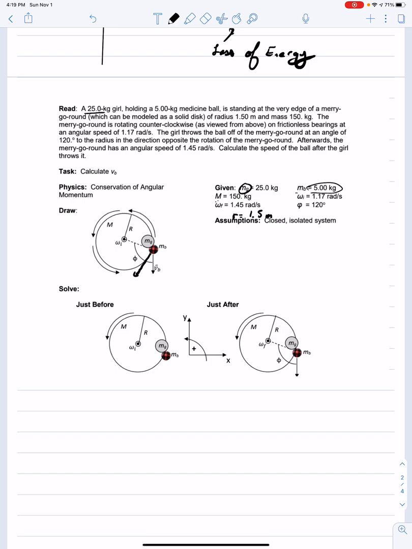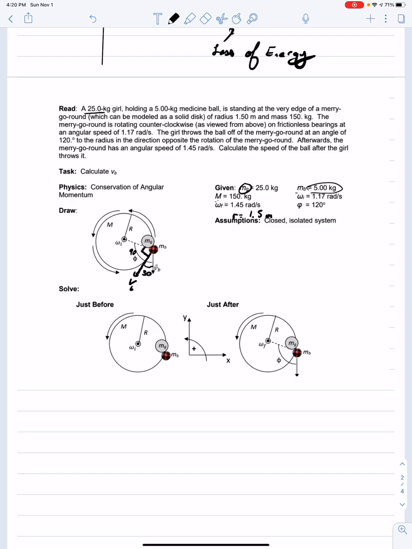So you have to find the angle right here, 120. This is 90. This is 90 degrees right here. So 120 minus 90 is 30 degrees.